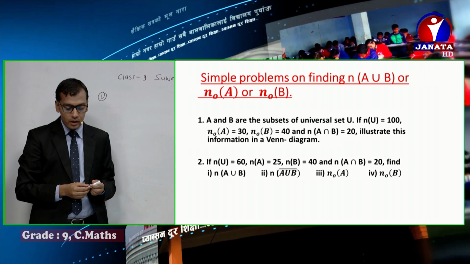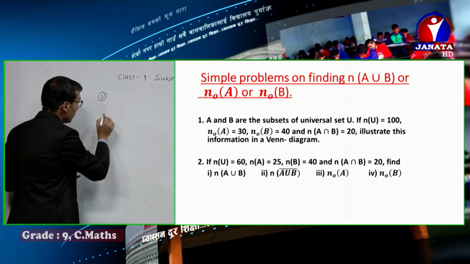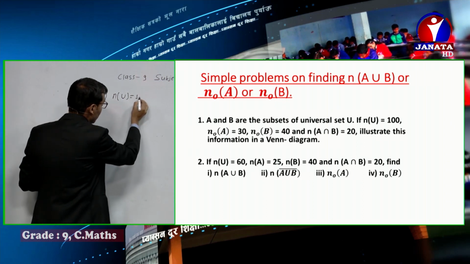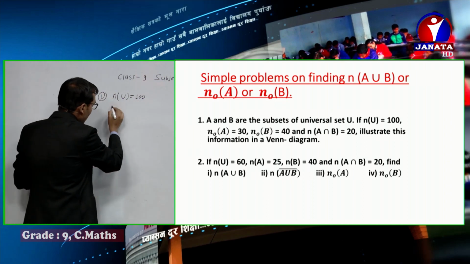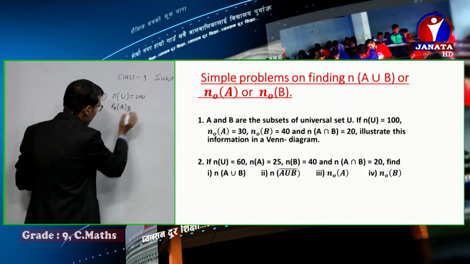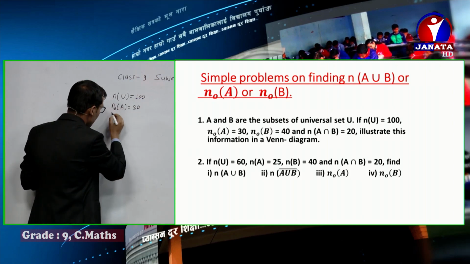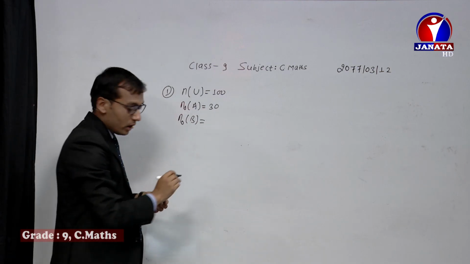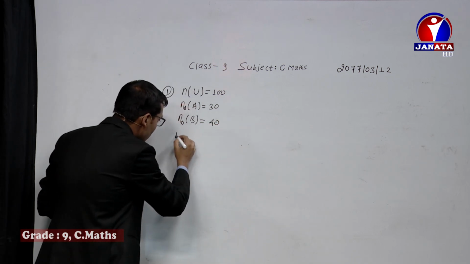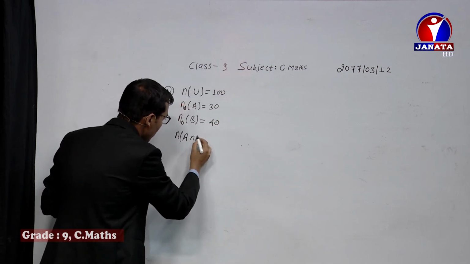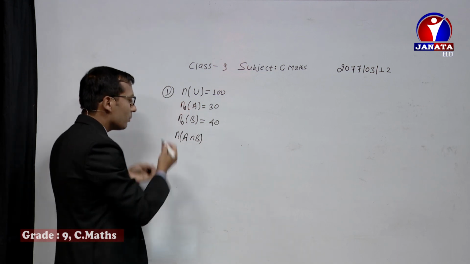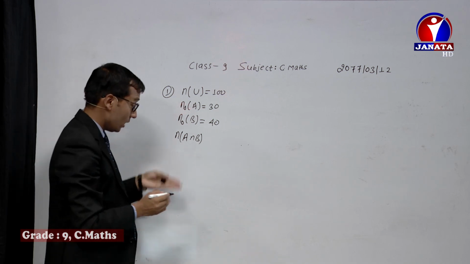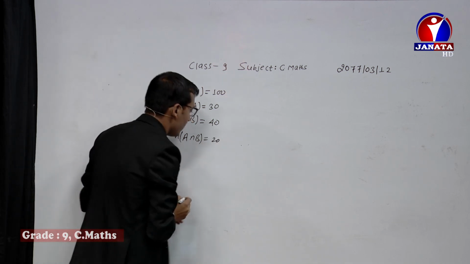Let me read out the first question. A and B are subsets of universal set U. If n of U is 100, n only A is 30, n only B is 40, and we also have the information that A intersection B is 20.